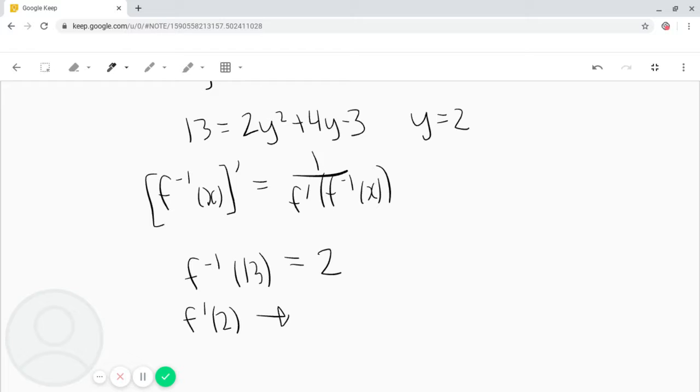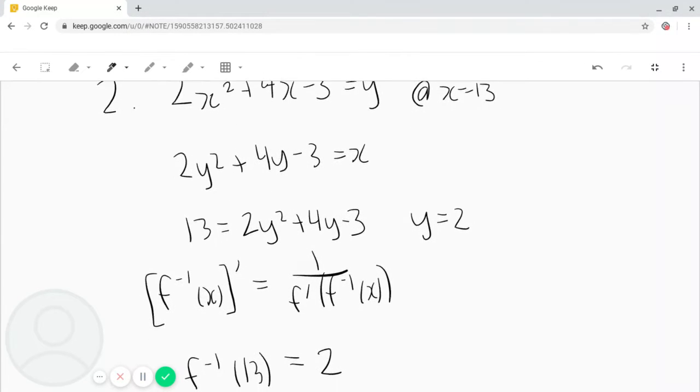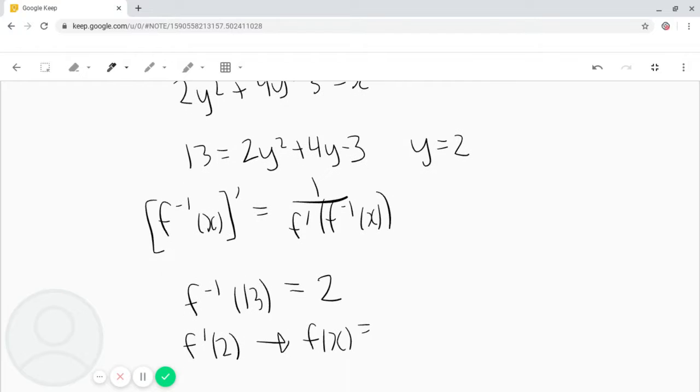So just a reminder, f of x equals 2x squared plus 4x minus 3.